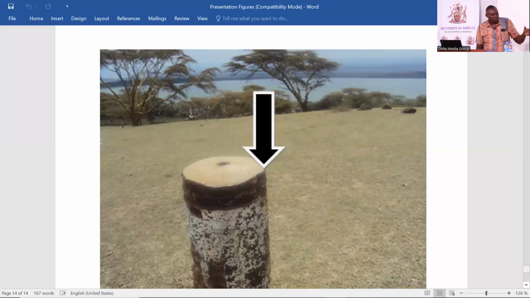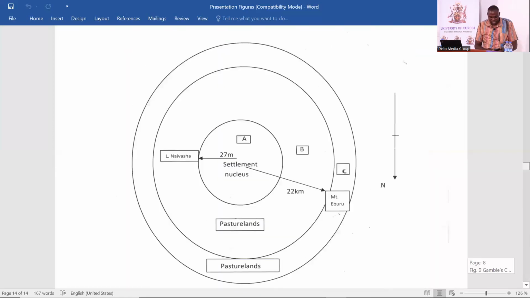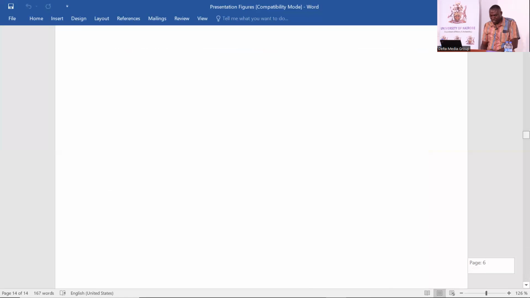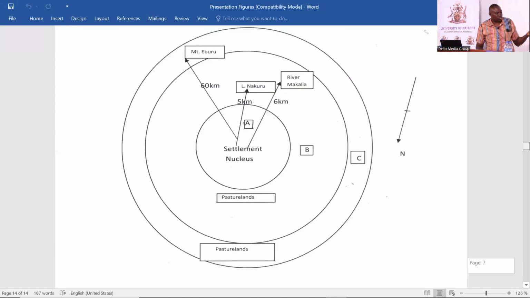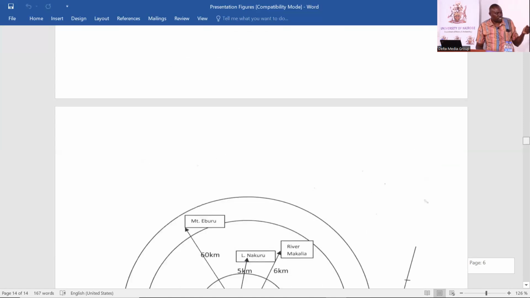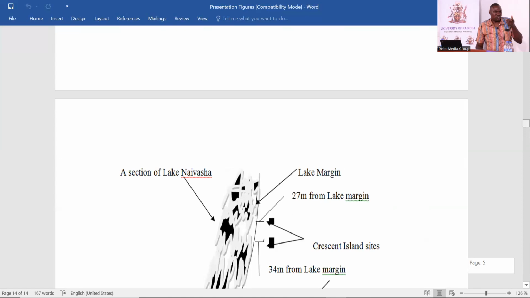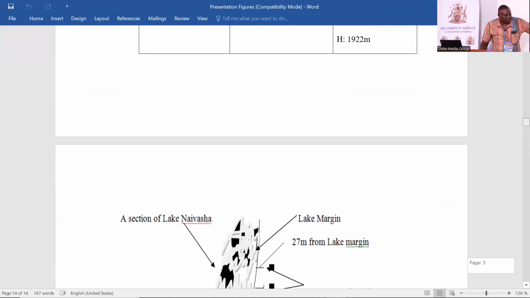Now, if you navigate, you go to figure 7. There's an illustration that I've given there. I hope I will have time because I want to move to the conclusion. This is just a schematic illustration of the, yeah, this one here.